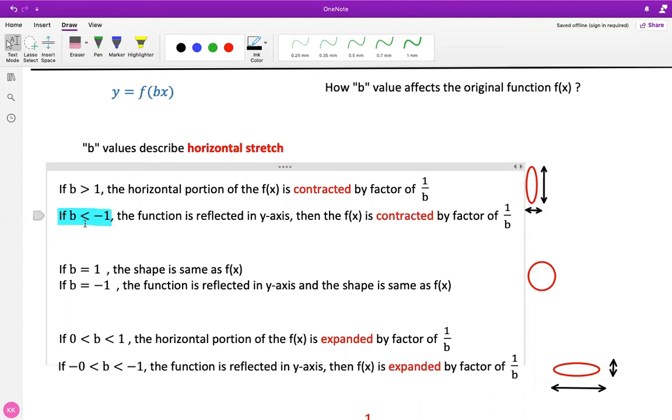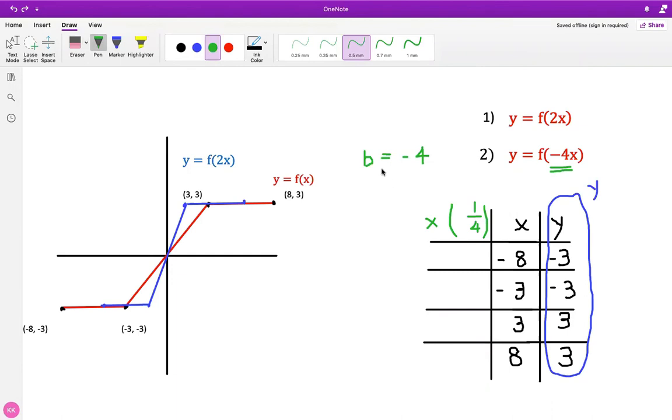When b is less than -1, the function is reflected in the y-axis, and then contracted in the horizontal direction by 1 over b. So b equals -4 tells me that the horizontal component of the original function is contracted by the factor 1 over 4.